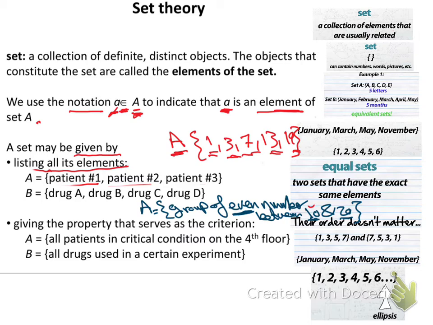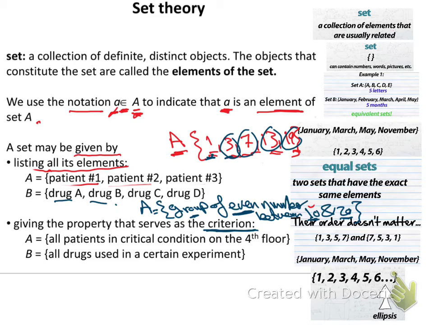In this case, I didn't give the elements like in the previous case, where I have given the elements already. But here I have given the description, the property that serves as the criteria. The singular of criteria is criterion, because criteria is plural.